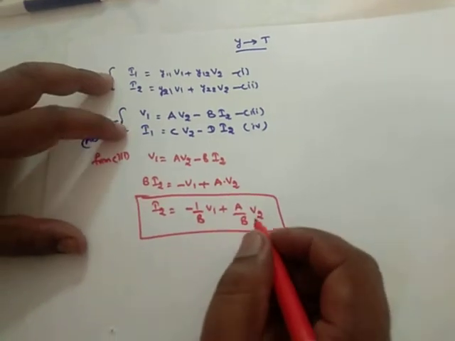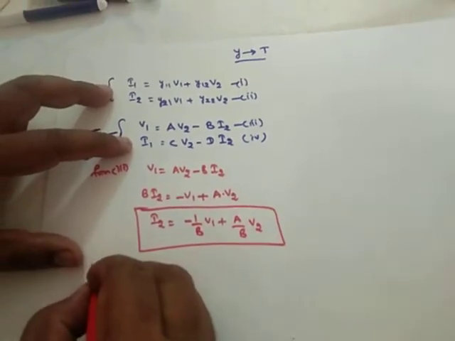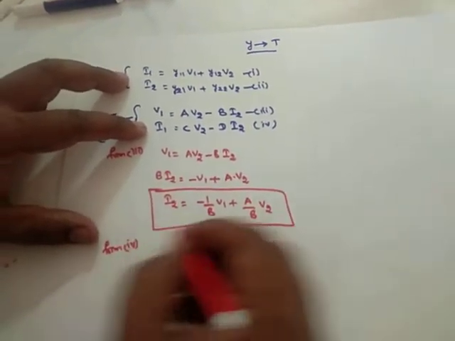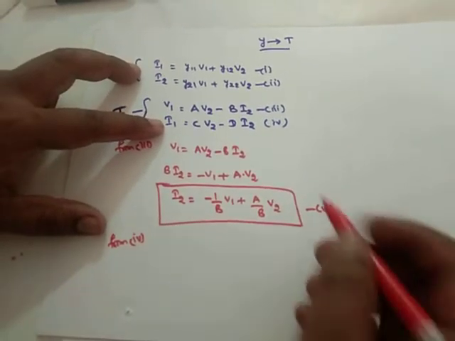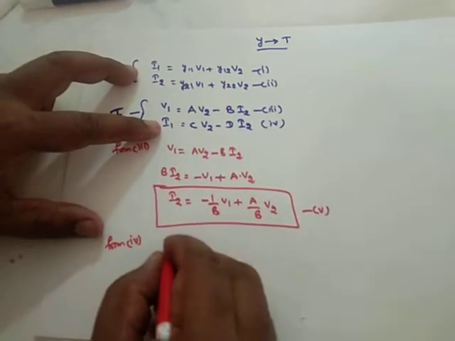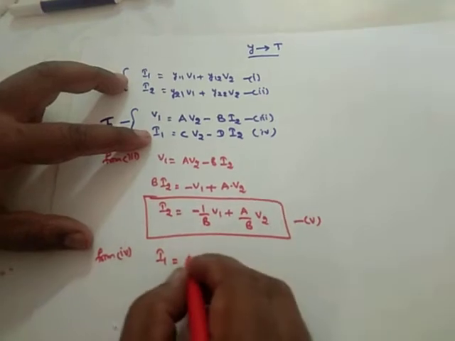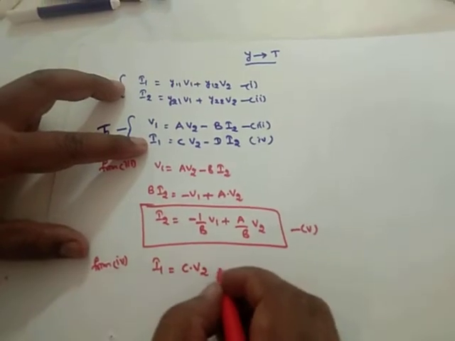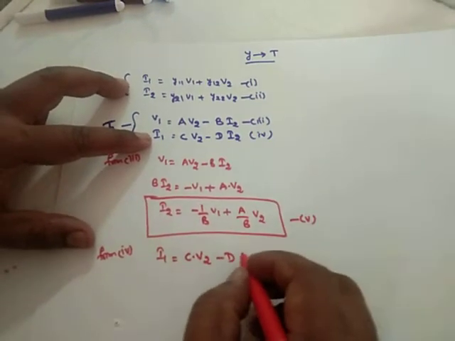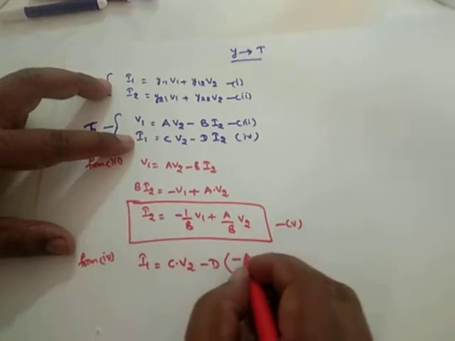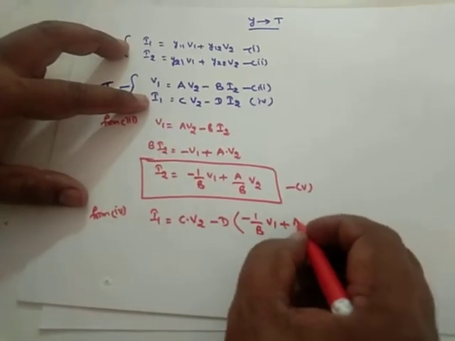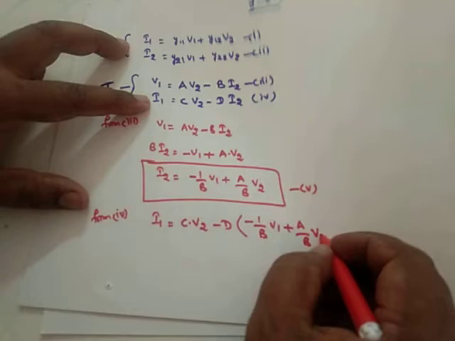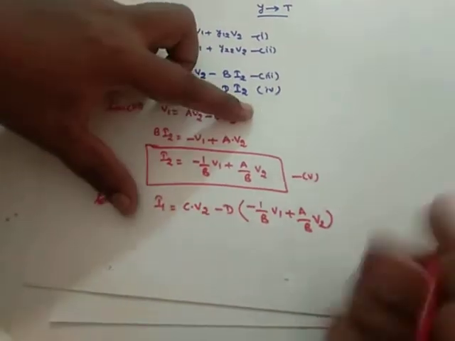From the fourth, so this is 5. What is the fourth here? So this is 4. I1 is equal to C V2 minus D I2. Write down I2 here: minus 1 by B V1 plus A by B V2.